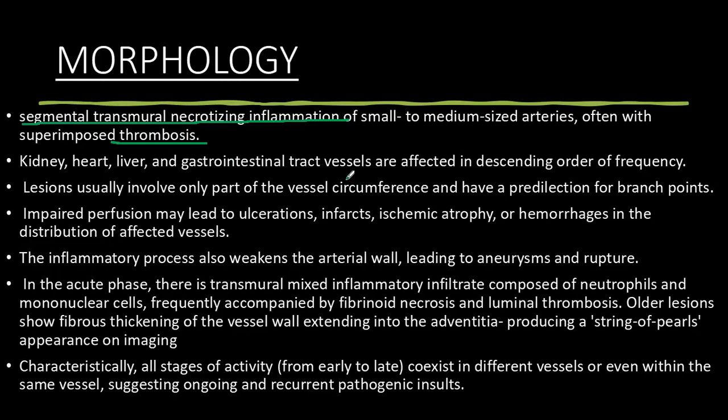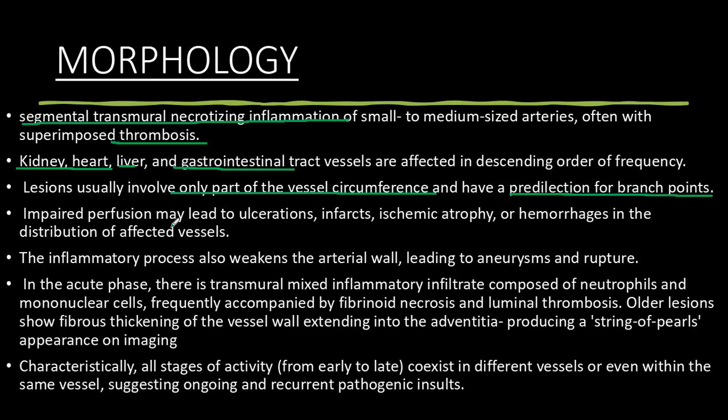The most affected vessels are those in the kidney, then the heart, then the liver, then the GIT, okay? The regions usually involved are only part of the vessel circumference and have a predilection for the branch points. So the inflammation will mainly be found at the branch points, okay?